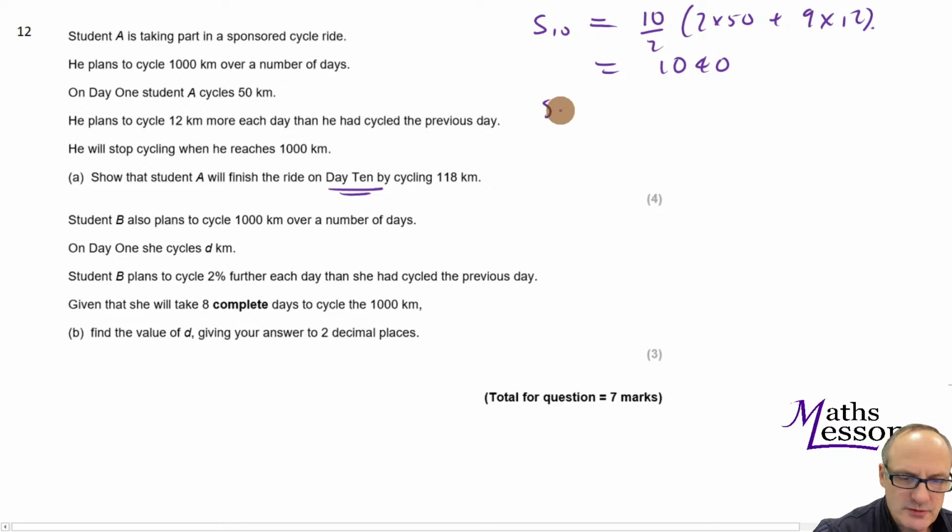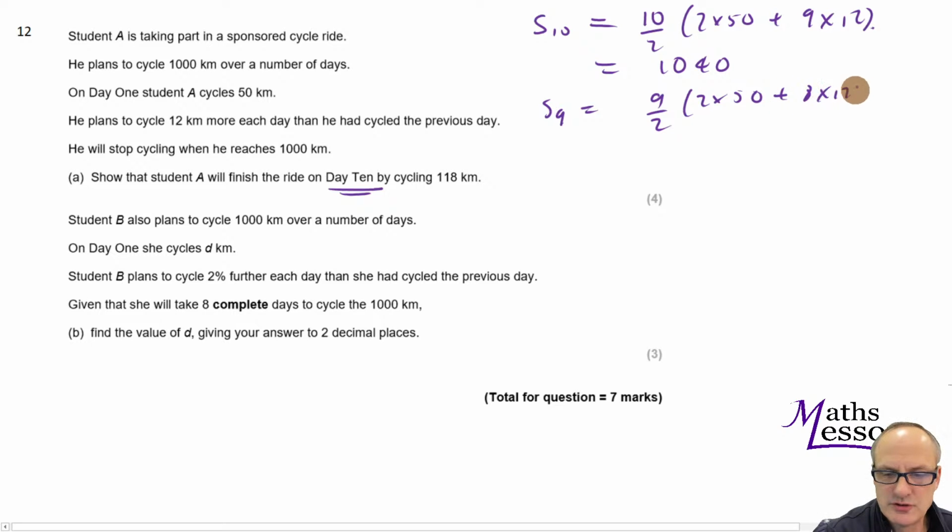What we also need to work out is S9, so S9 is equal to 9 over 2 times 2 times 50 plus 8 times 12, and that gives us 882.